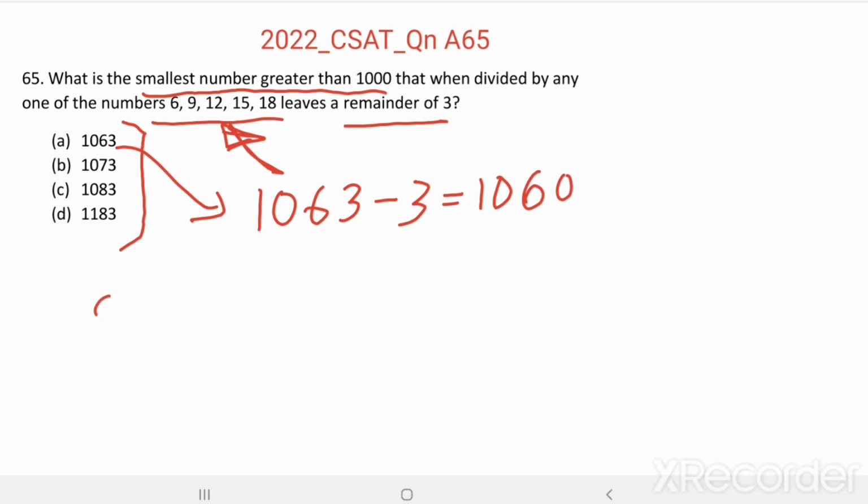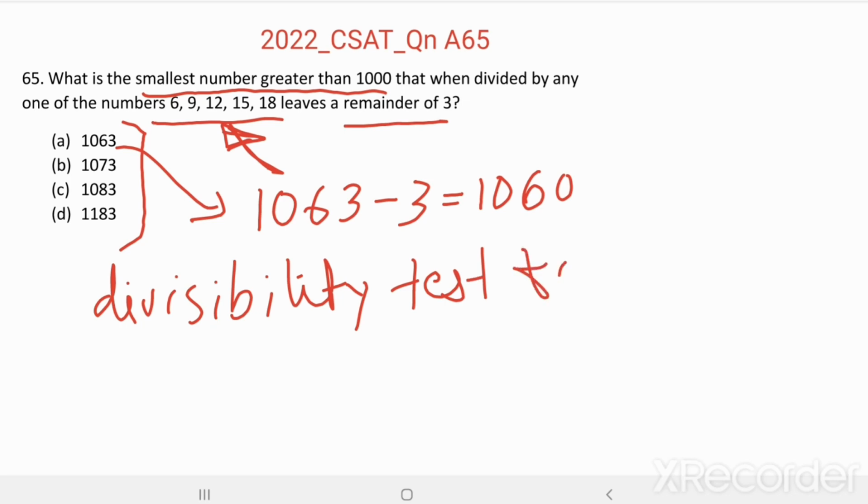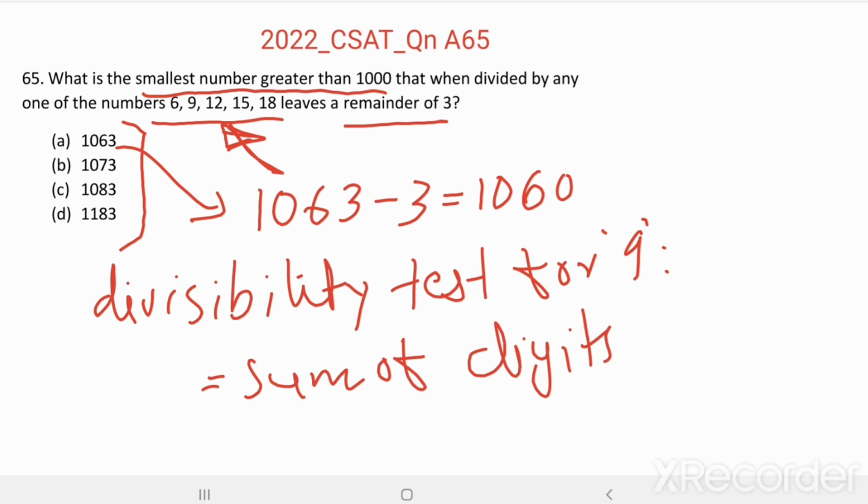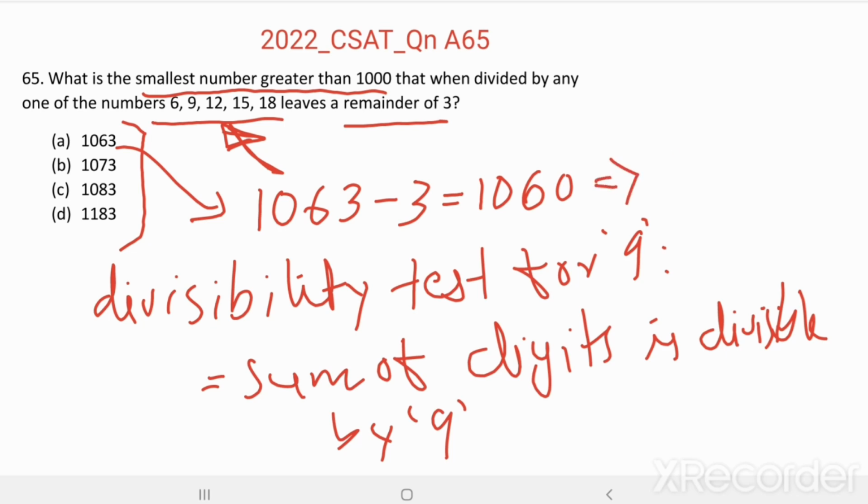So what is the divisibility test for 9? Sum of digits is divisible by 9. Sum of digits of 1060 equal to 7. 7 is not divisible by 9.